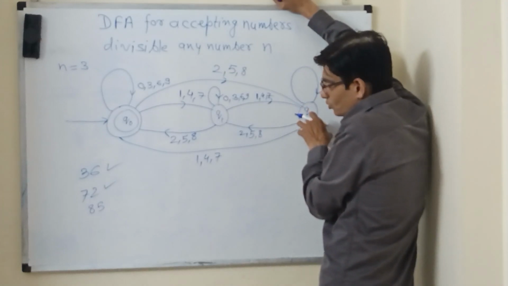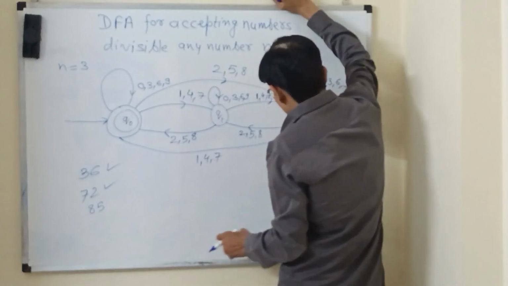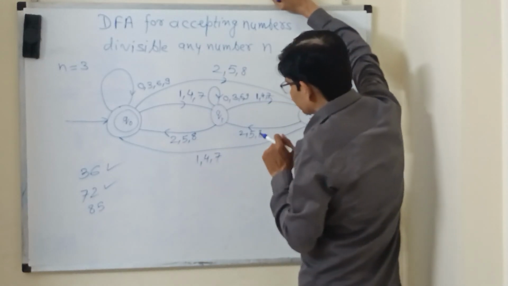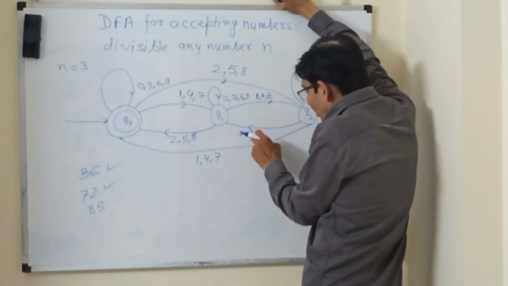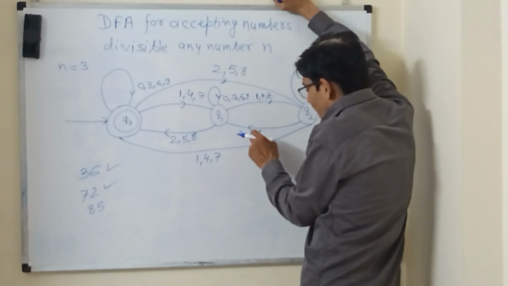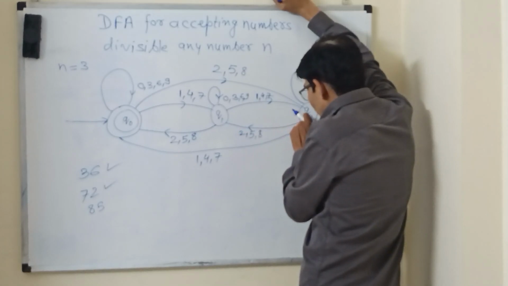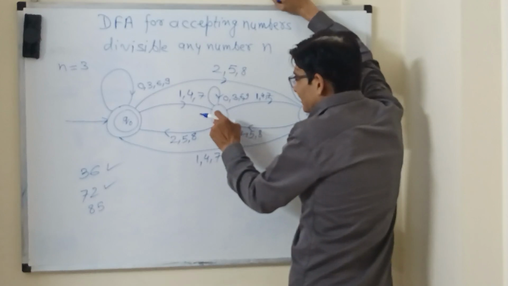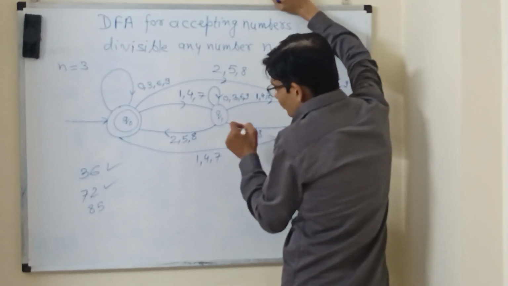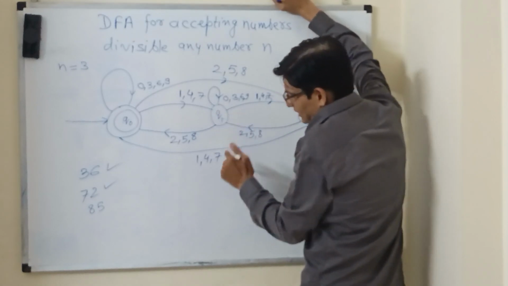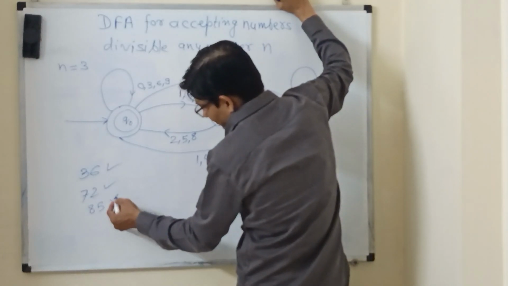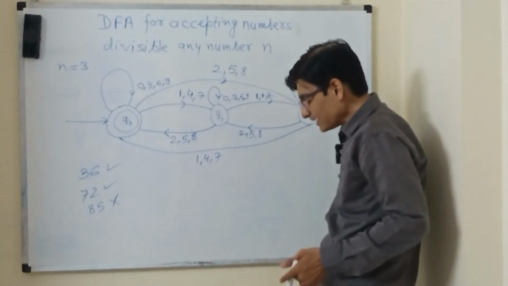Now we are on Q2 and we are reading the second symbol 5. On applying 5 we move to Q1, which is not a final state. So this number will not be accepted.